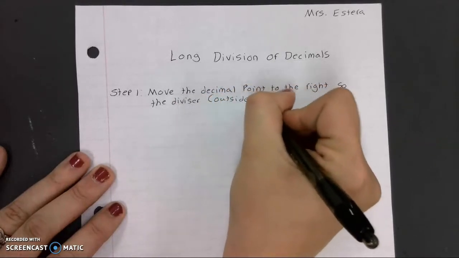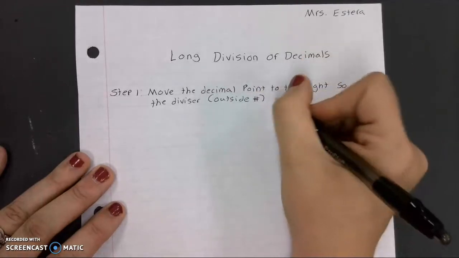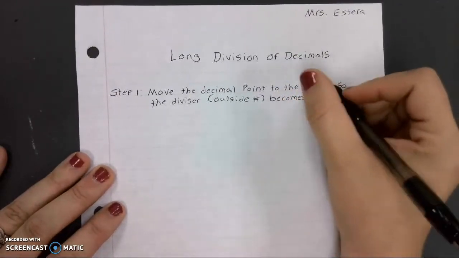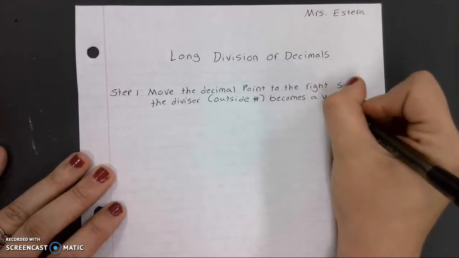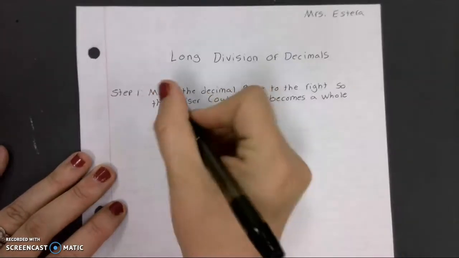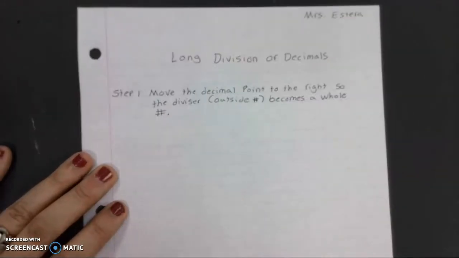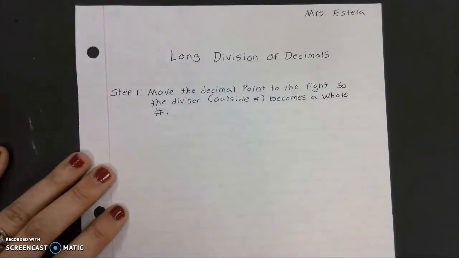When we're dividing, our divisor becomes a whole number. So whenever we're dividing, we want that divisor to be a whole number. Okay, so the way we do this is we multiply by powers of 10.